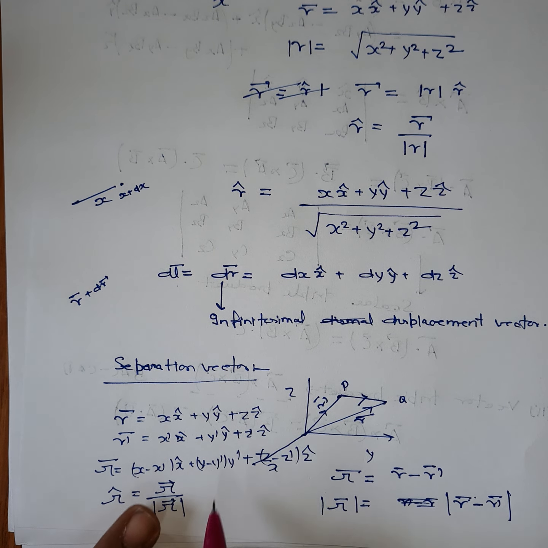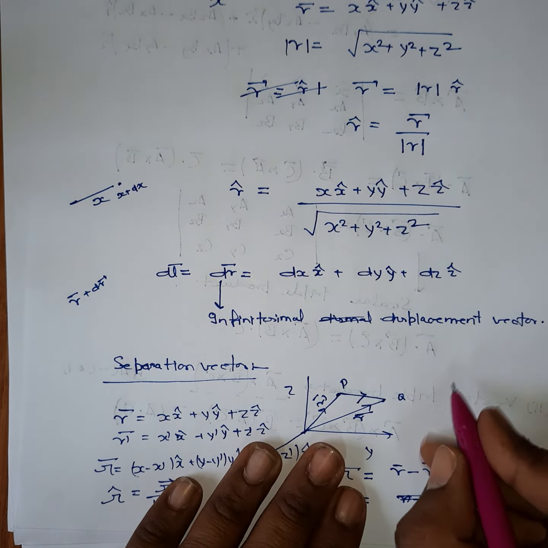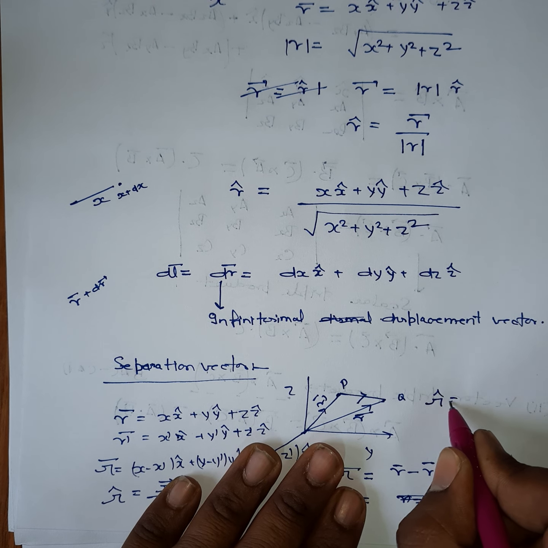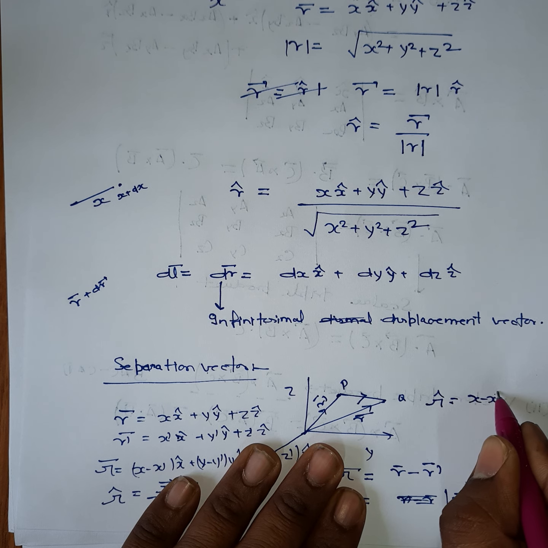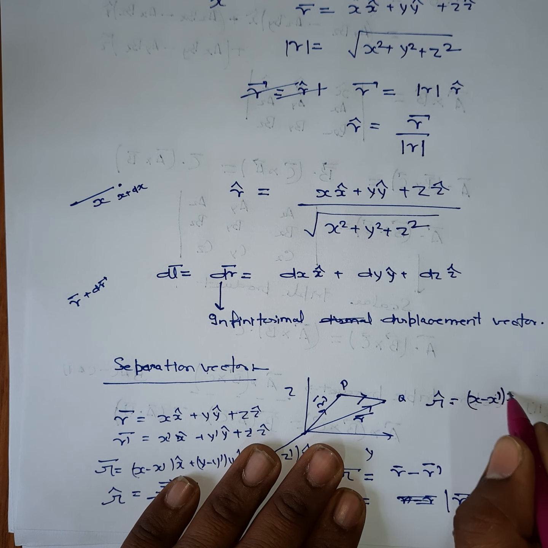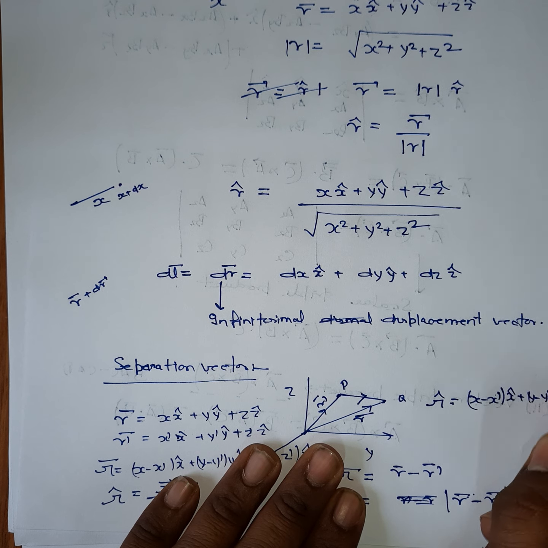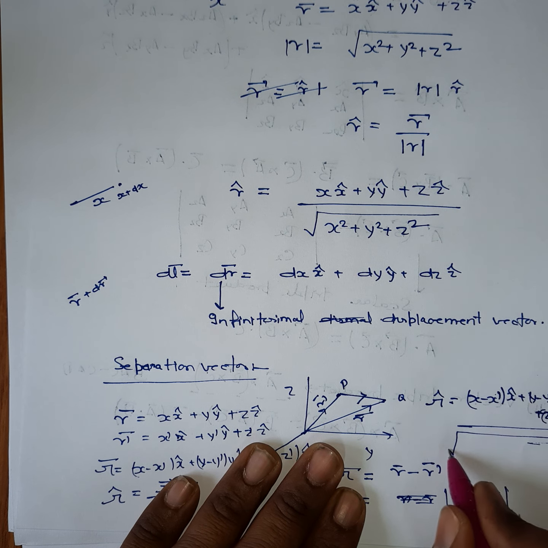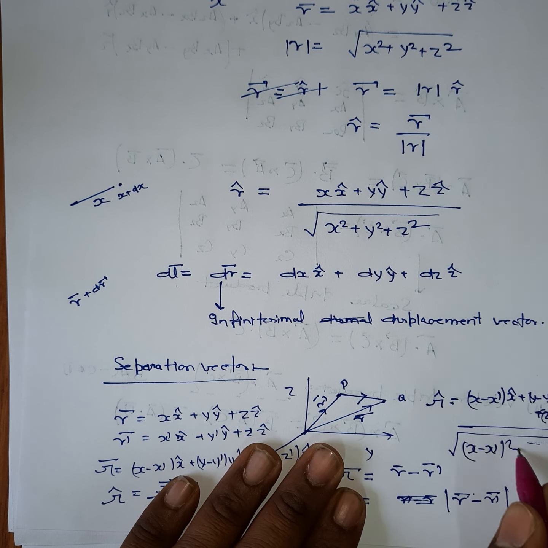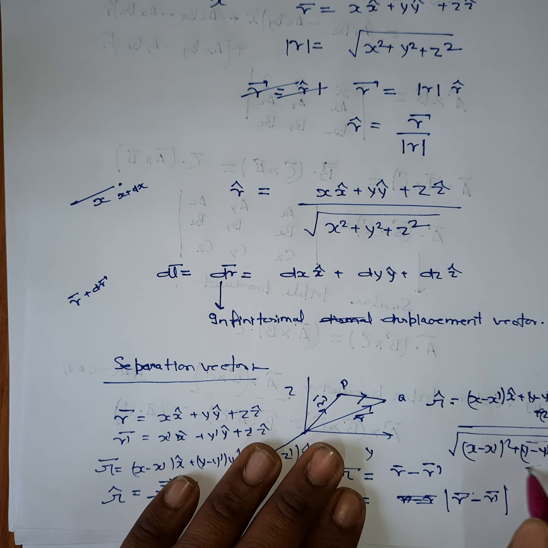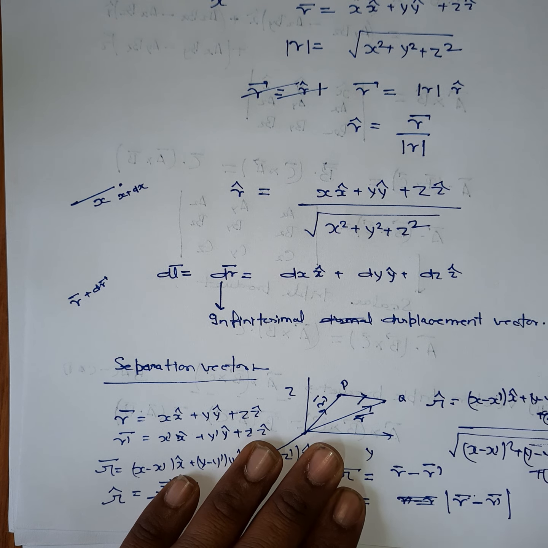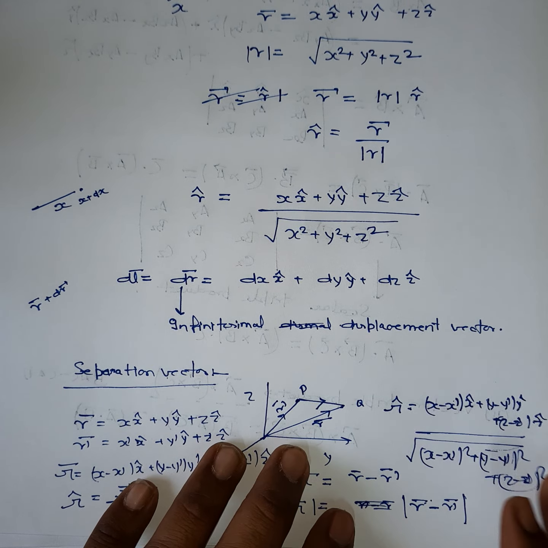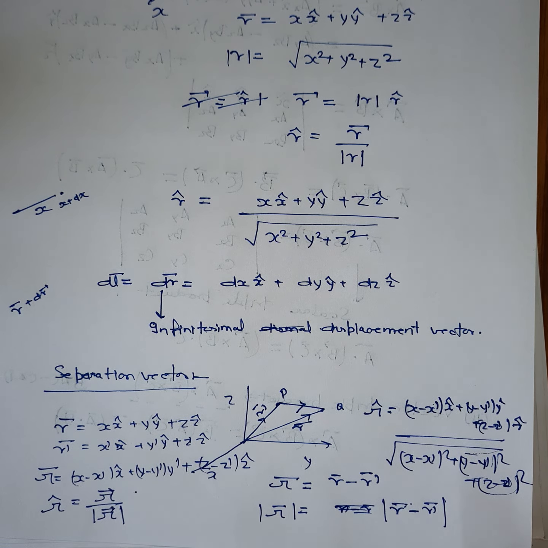This will be equal to (x minus x dash) x cap, (y minus y dash) y cap plus (z minus z dash) z cap, divided by the square root of the sum of the squared differences: (x minus x dash) square plus (y minus y dash) square plus (z minus z dash) square. So I think there should not be any confusion. This is how we define position vectors and separation vectors.